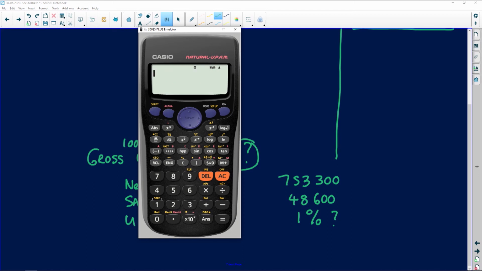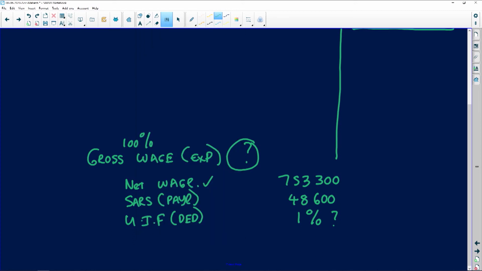Okay, so let's do that. 753,300 plus the tax amount, 48,600. That is giving me an amount of 801,900. I just want to quickly double check that, 801,900.